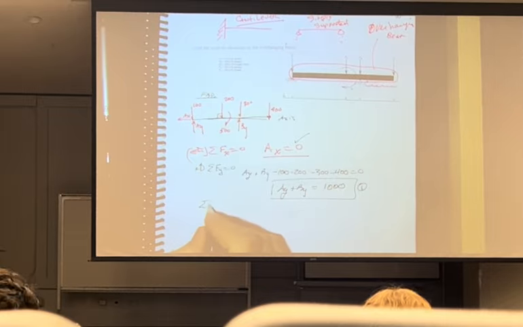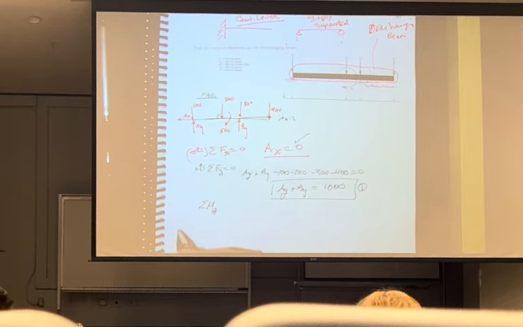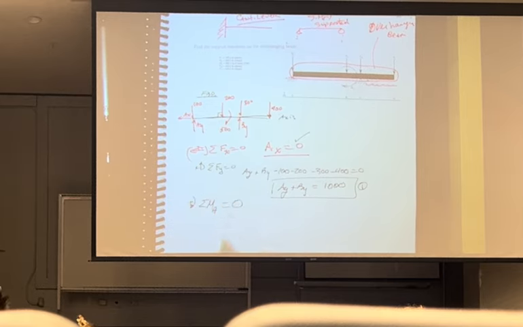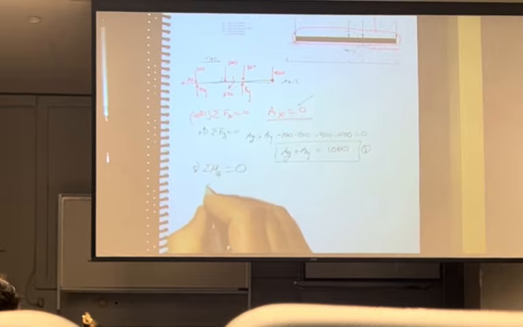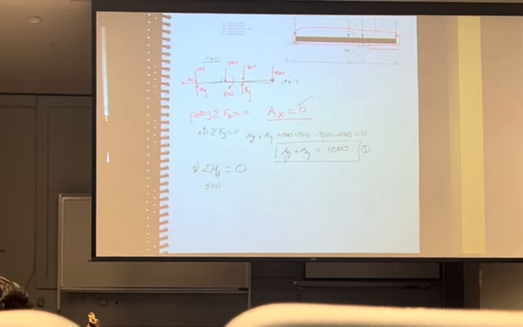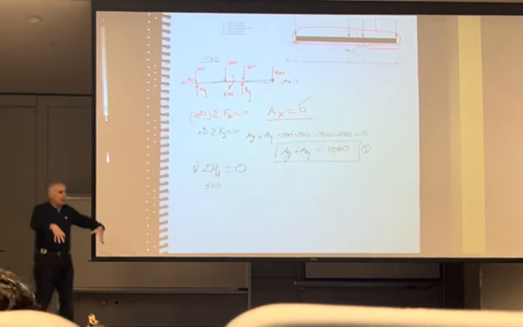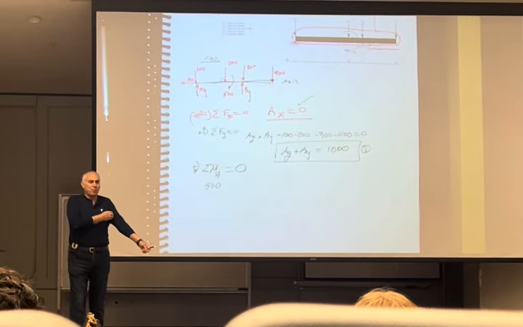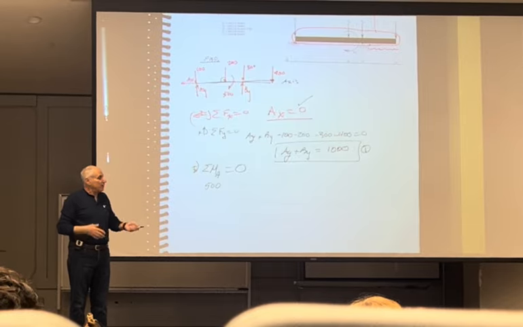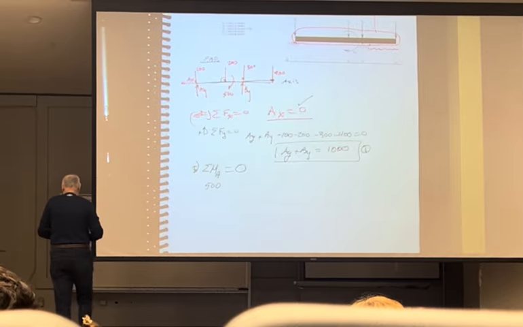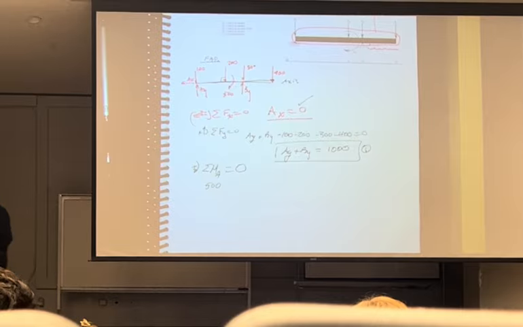Sum of moments at A, clockwise positive, equal to 0. So this is going to be the moment of 500. A moment is a moment, you just dump it in the equation and put in the right sign. I said clockwise. Well, that moment of 500 is clockwise, so I'm going to put a positive on it.